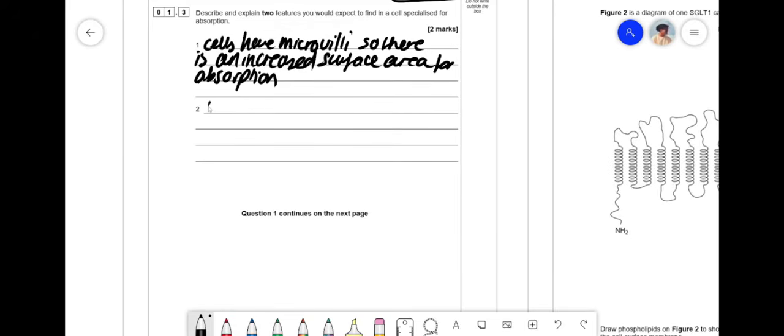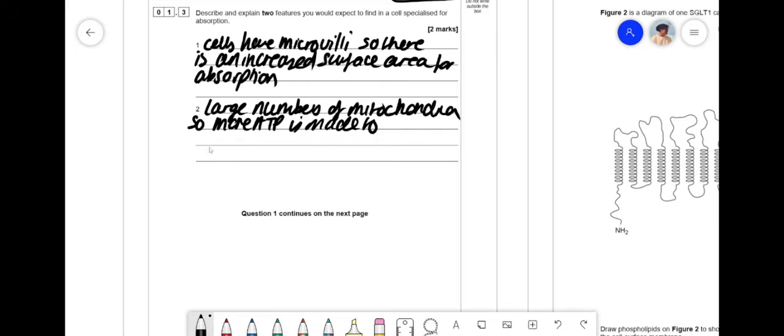So you would say large numbers of mitochondria. There's your describe. So more ATP is made to provide energy from respiration, and that will guarantee you your marks.